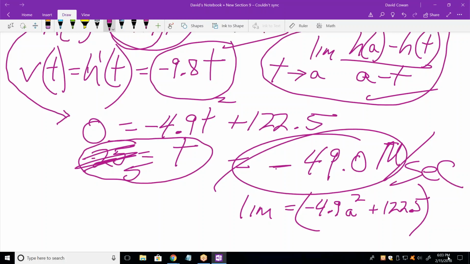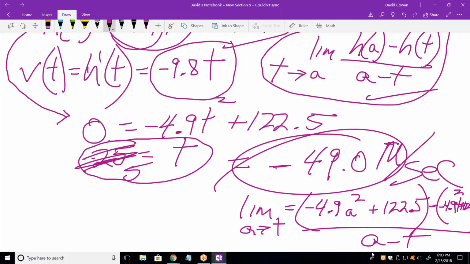Minus, well, h of t was minus 4.9t squared plus 122.5, and it's all over a minus t, taking it as t goes to a.